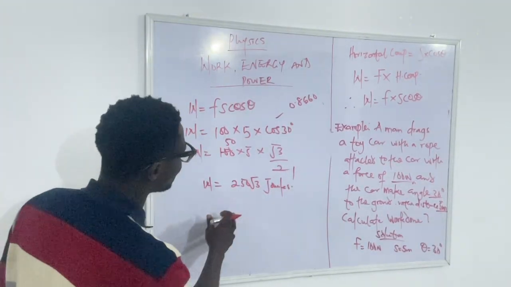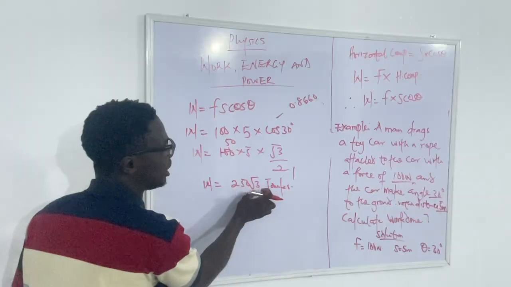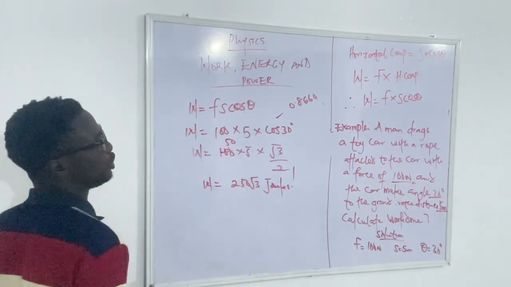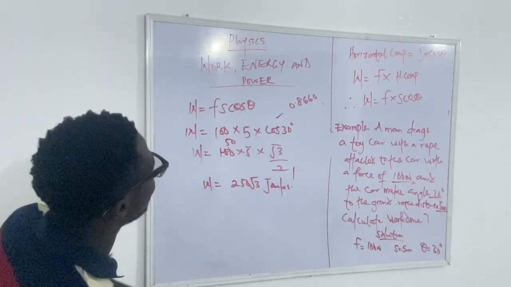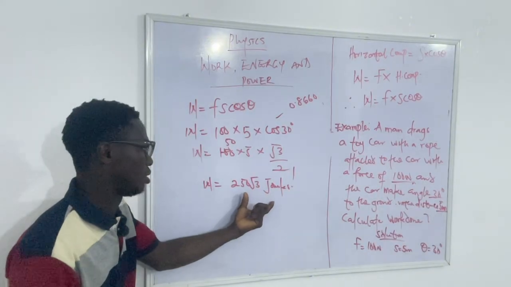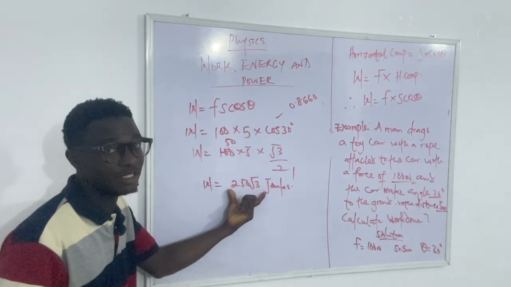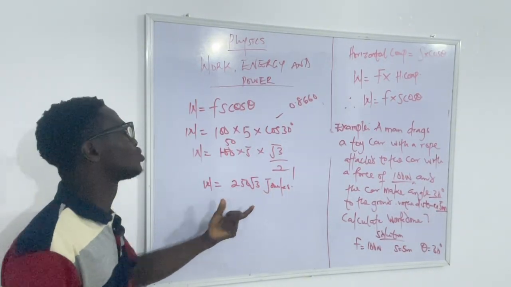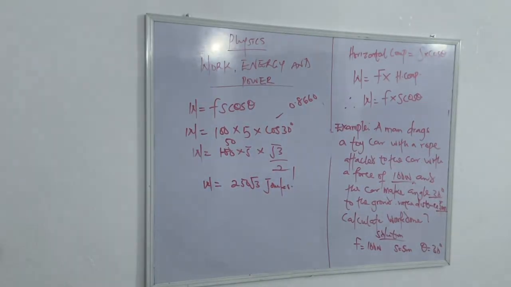So let's continue. That's 250 root 3 joules. Are we together? So this is the work done by the man. That's everything we're actually talking about.